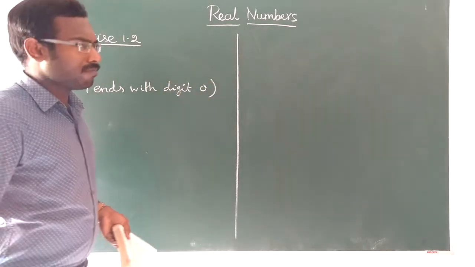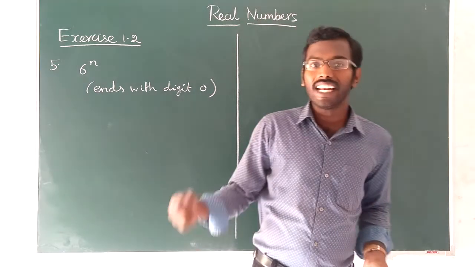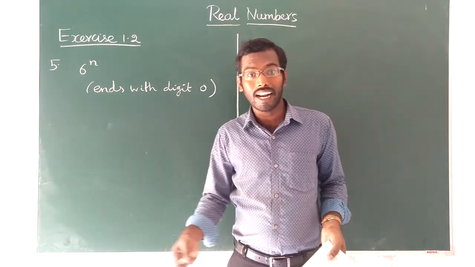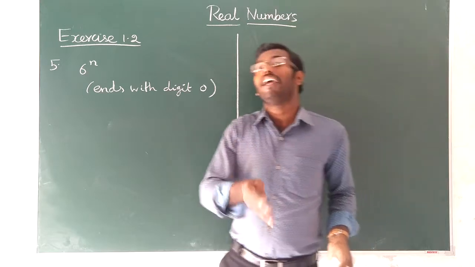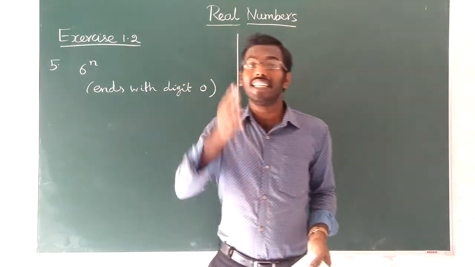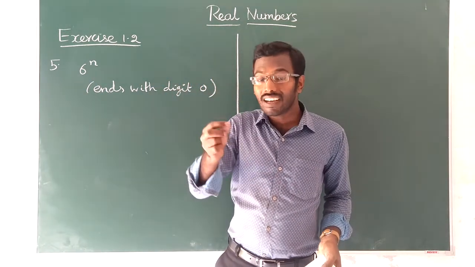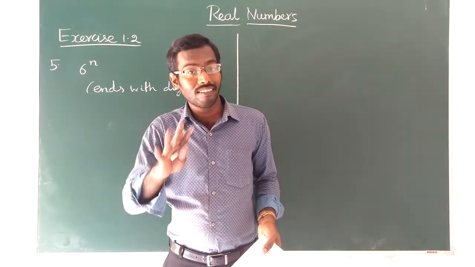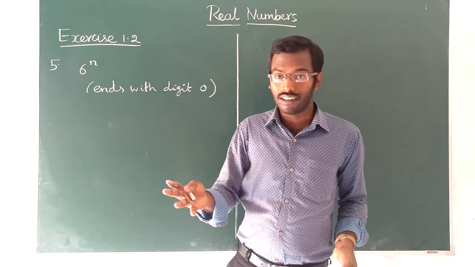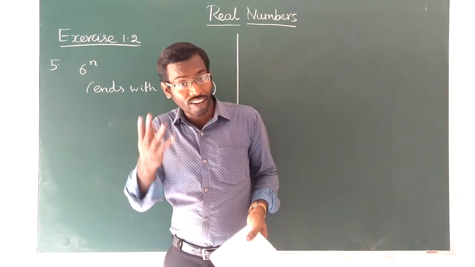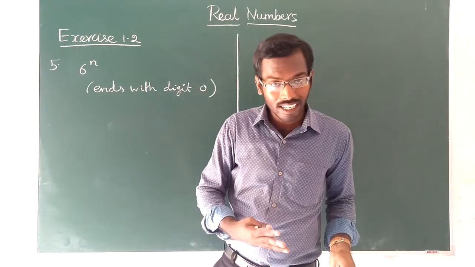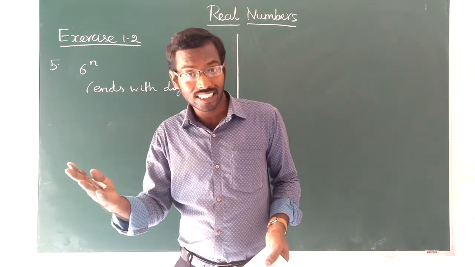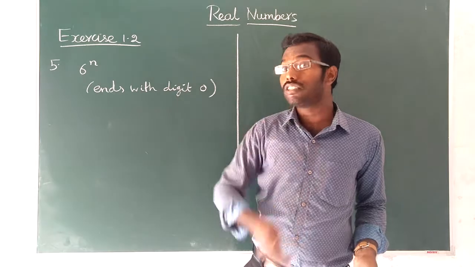Okay, so the concept is very simple. If any number except 0 ends with digit 0, then that number is definitely divisible by 10, or otherwise, that number is a multiple of 10. For example, 50 ends with 0, 50 is divisible by 10. 2560 also ends with 0, that is also divisible by 10.